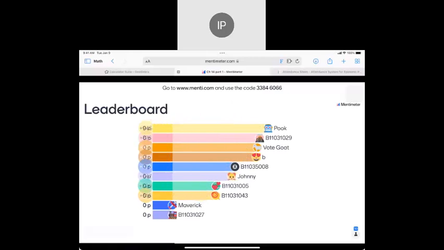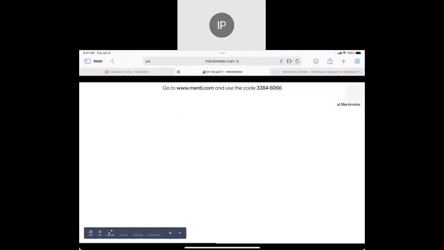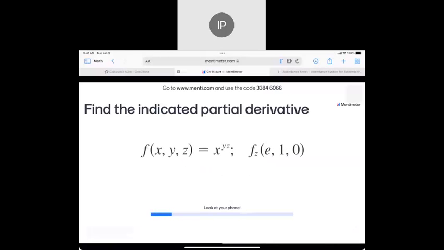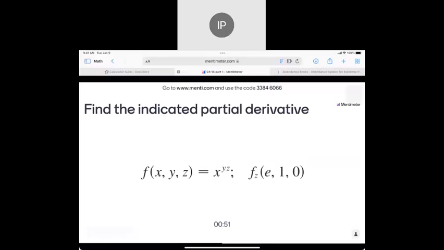Okay, good. Get ready. Second question. You need to write the answer. Not sure the time is enough. Hopefully it's enough, because it's a simple function.